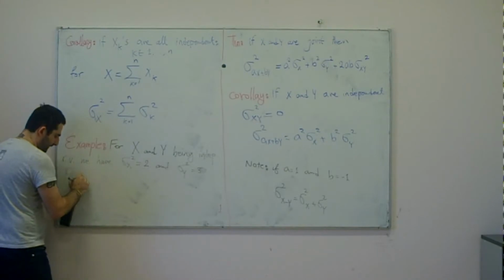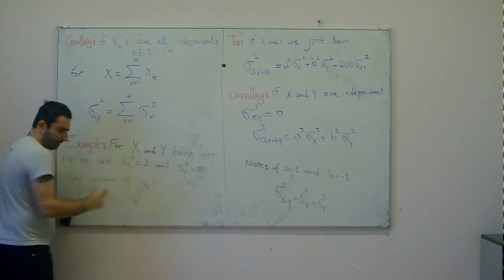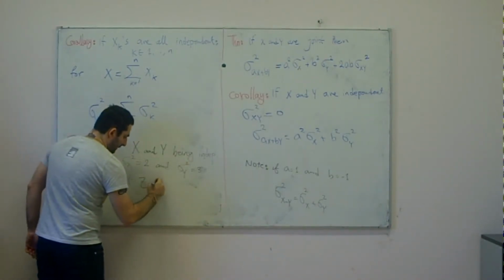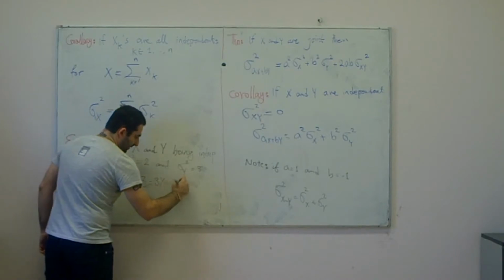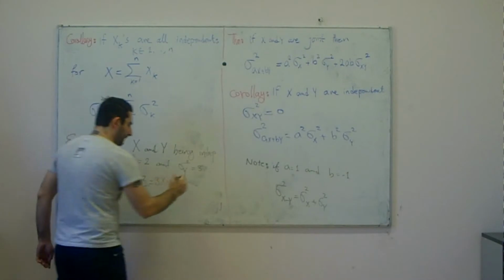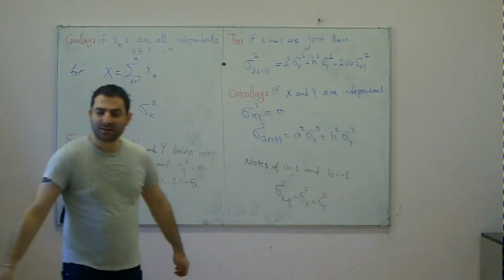Find the variance of a random variable like z, which is 3x minus 2y plus 5. So we have two random variables, x and y.